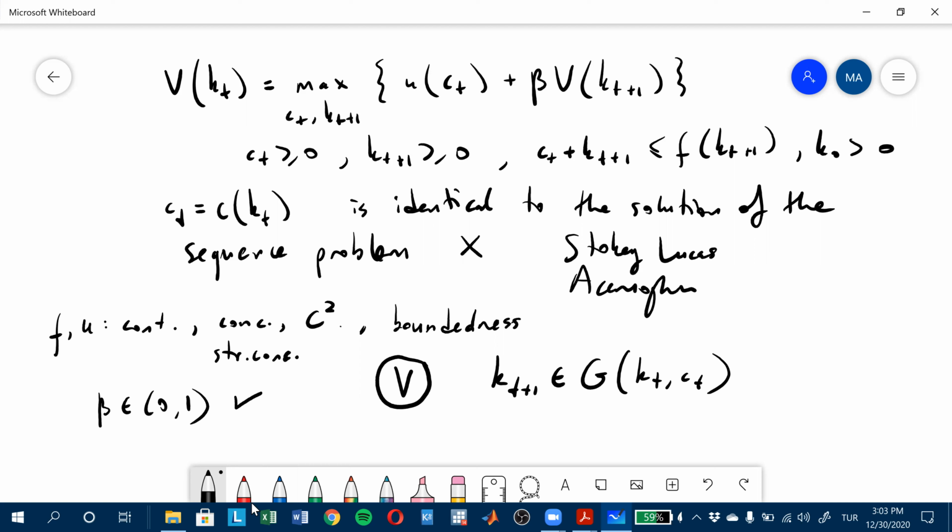Continuity is a little bit different for correspondences. There is upper hemi-continuity and lower hemi-continuity, and other things. I don't want to go into that detail.